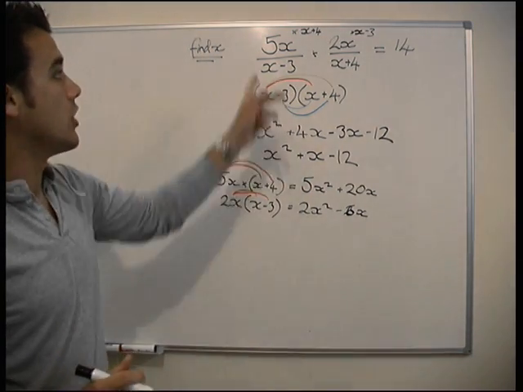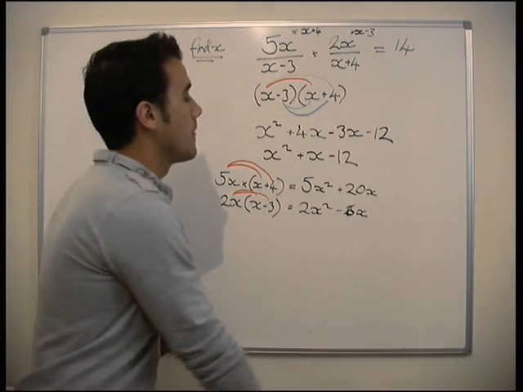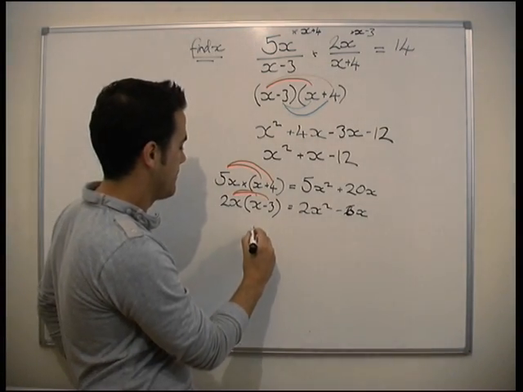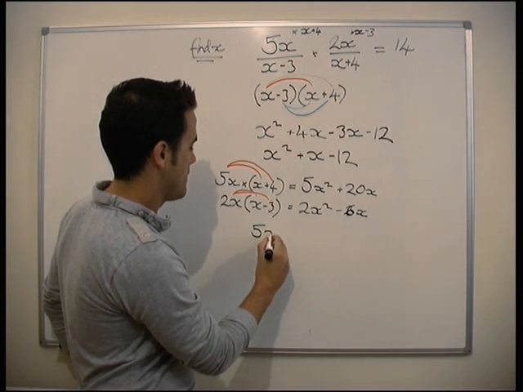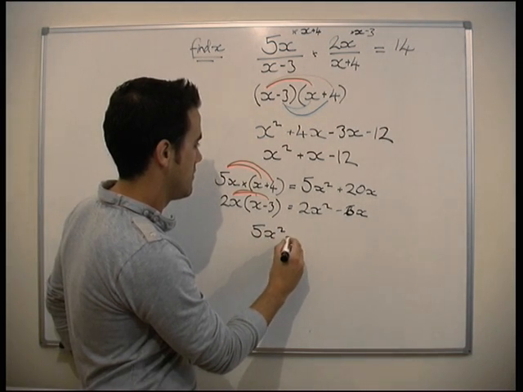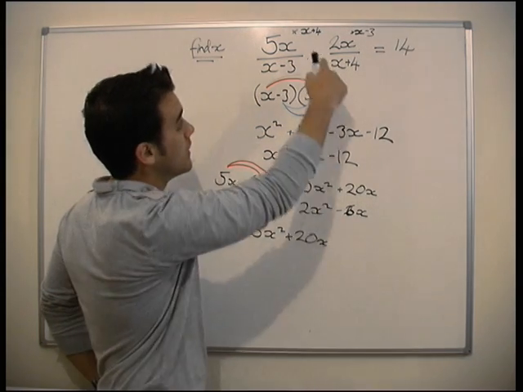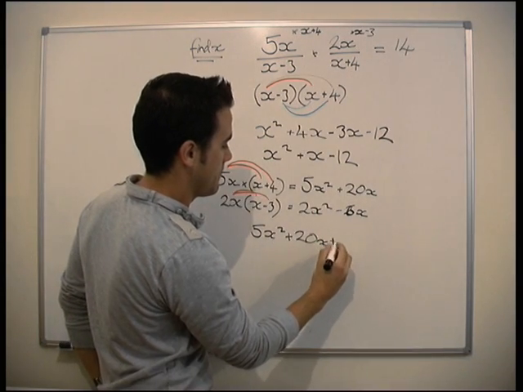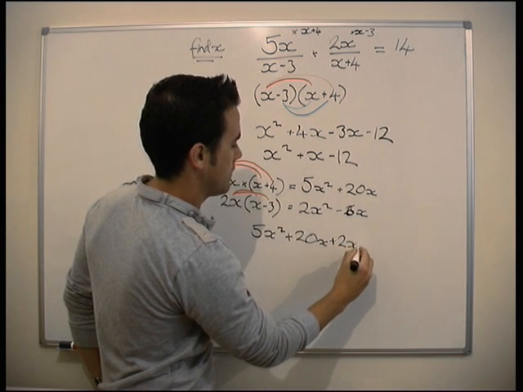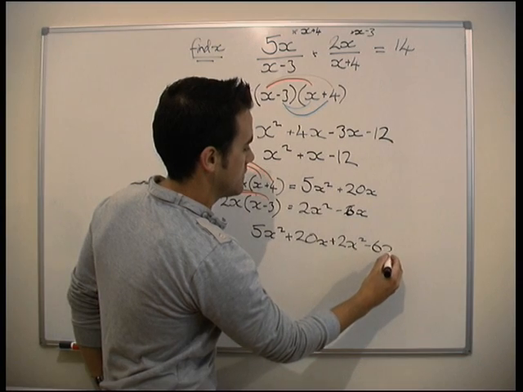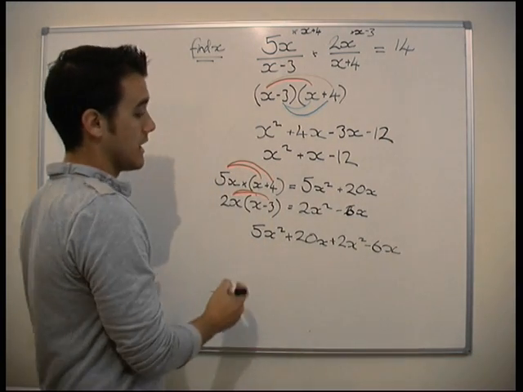So that's what we're going to have on the top. Let's write that whole thing in now: 5x squared plus 20x plus 2x squared minus 6x. Okay, that's going to be on the top.